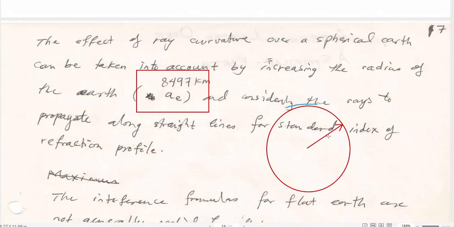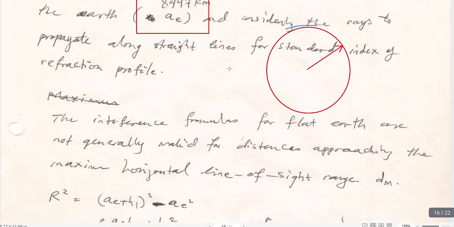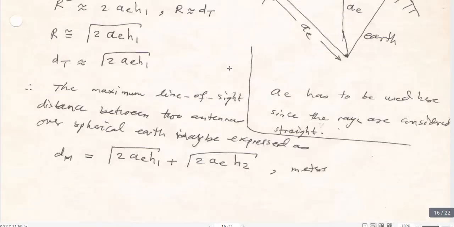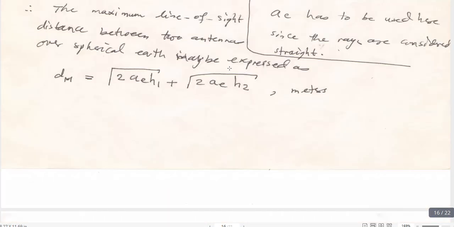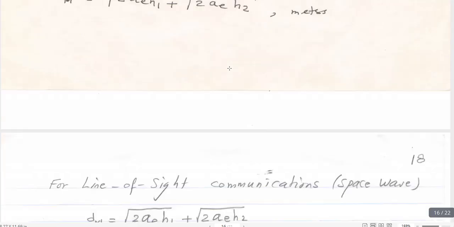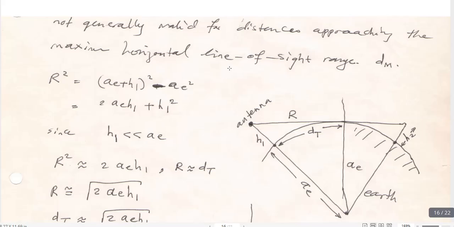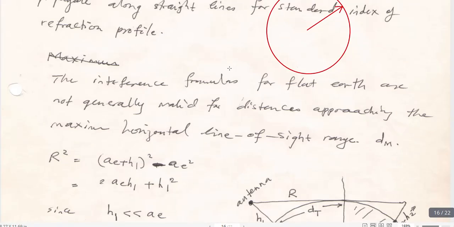So we need to increase the radius of the earth until this will be a straight line. The increase will be this. I remember it is 4 times the actual radius of the earth. I remember it is 6. I think it is 0.75 of this value.